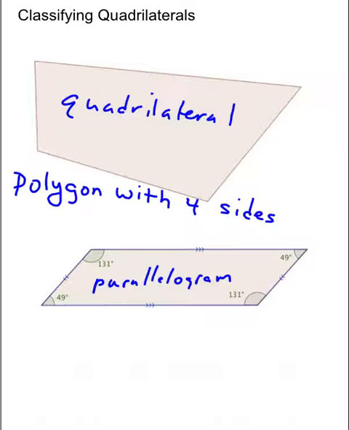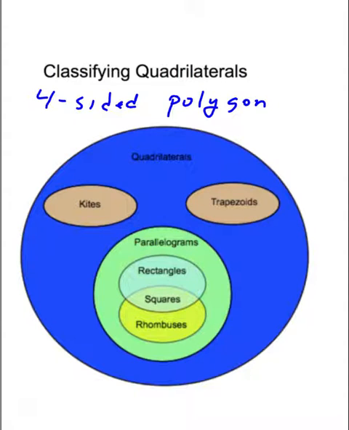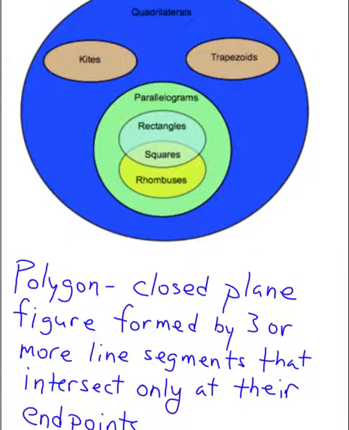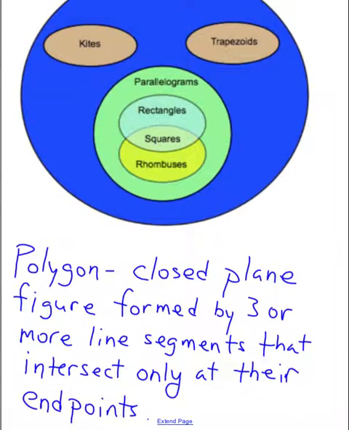All right. Now let's get the definition of polygon, since that is in the definition of a quadrilateral. A polygon is a closed plane figure, meaning it's two-dimensional, right? Formed by three or more line segments that intersect only at their endpoints.